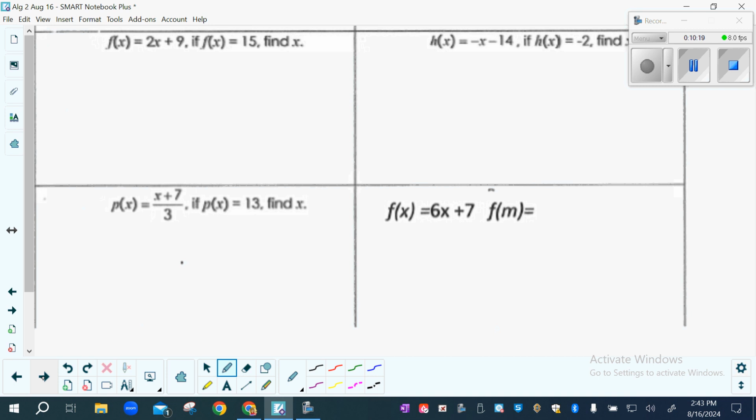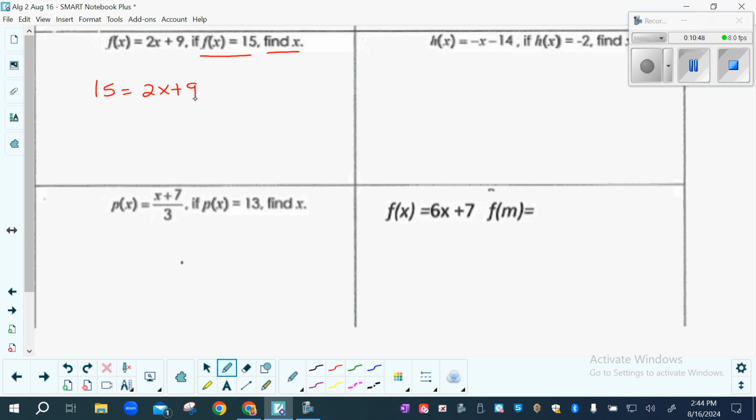It says f of x is 15 and we want to find x. So where do we put the 15 on this one? Yes, we replaced the f of x with a 15 this time. So it's 15 equals 2x plus 9. Do you see the difference there?